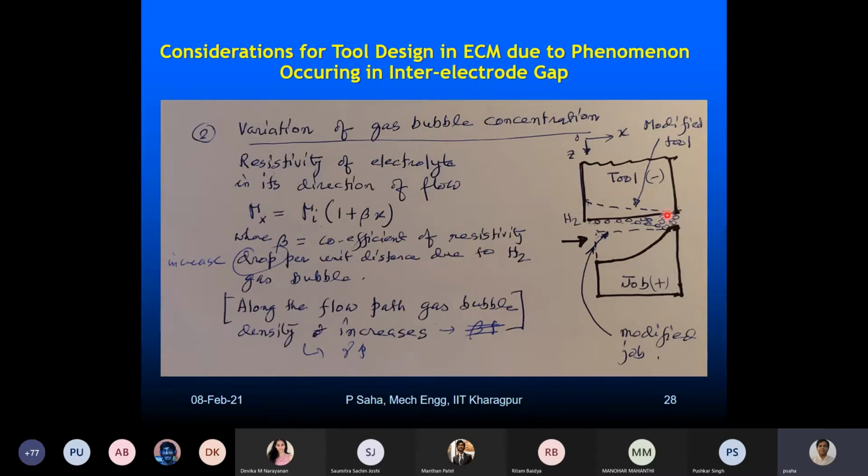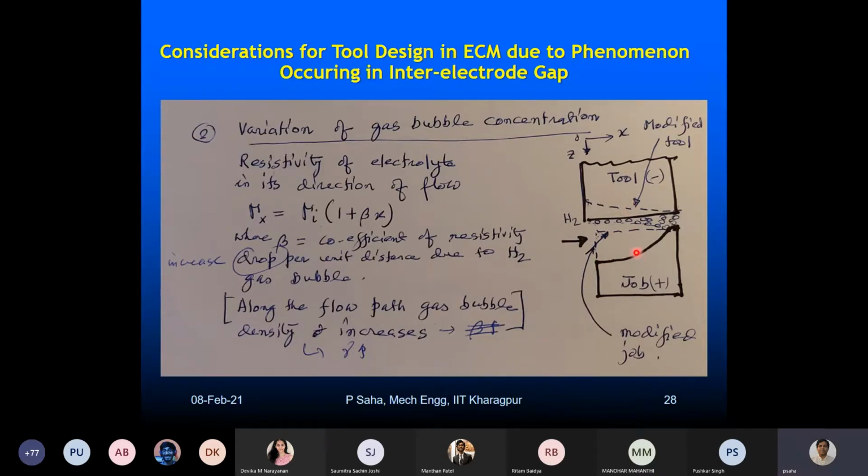Initially we start with these two flat surfaces equidistant from each other, but with the passage of time, as machining goes on, on the left side, because of the higher current, there will be more machining.